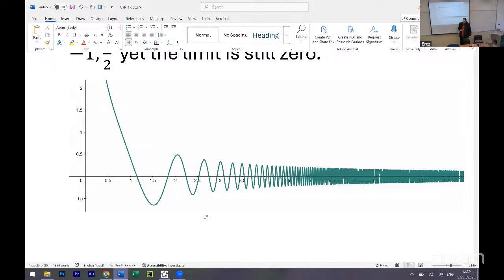But in the function, it's not. See, this number is further from 0 than this number, so we got closer, but this number is again further. So I go back and forth. Yeah, because in the sequence you're using the natural numbers. But I can do a similar thing with a sequence.